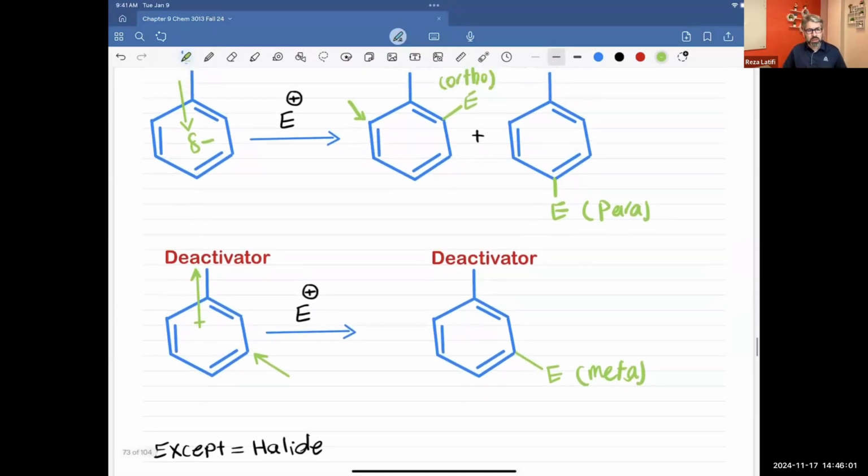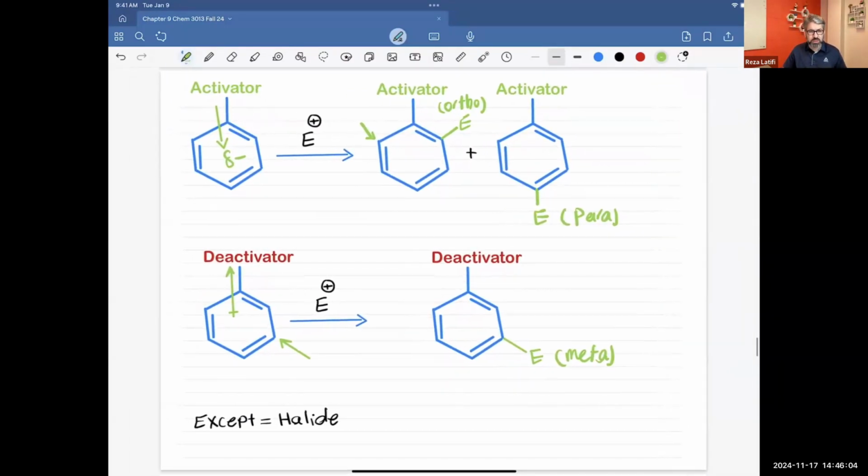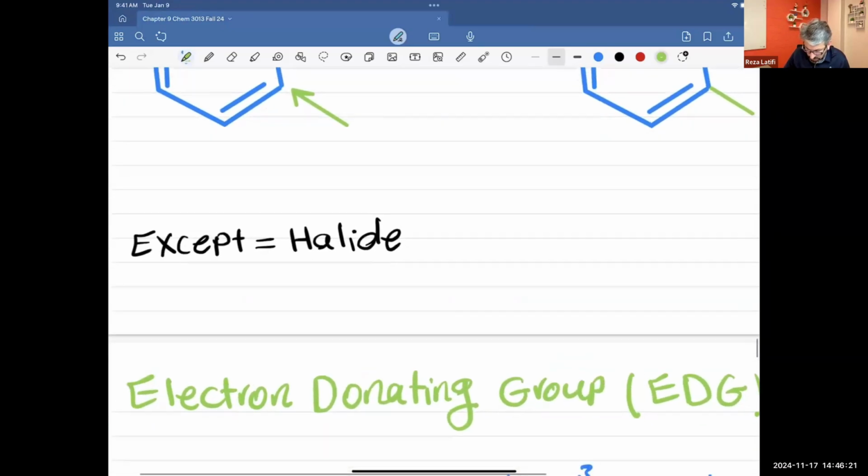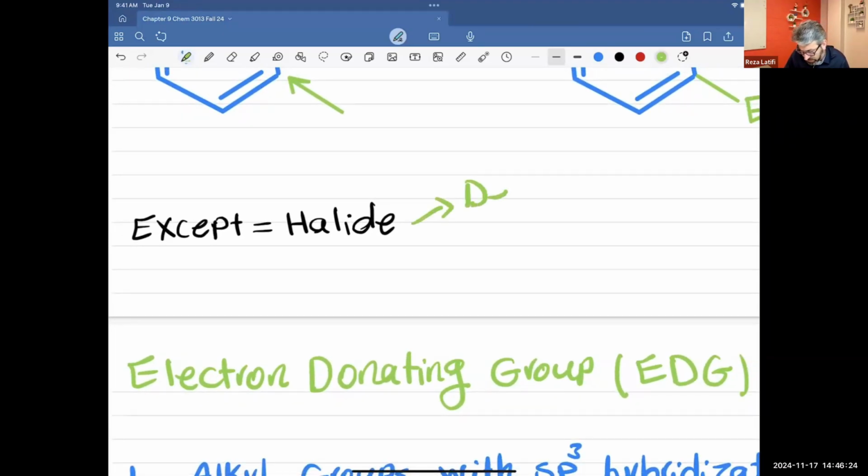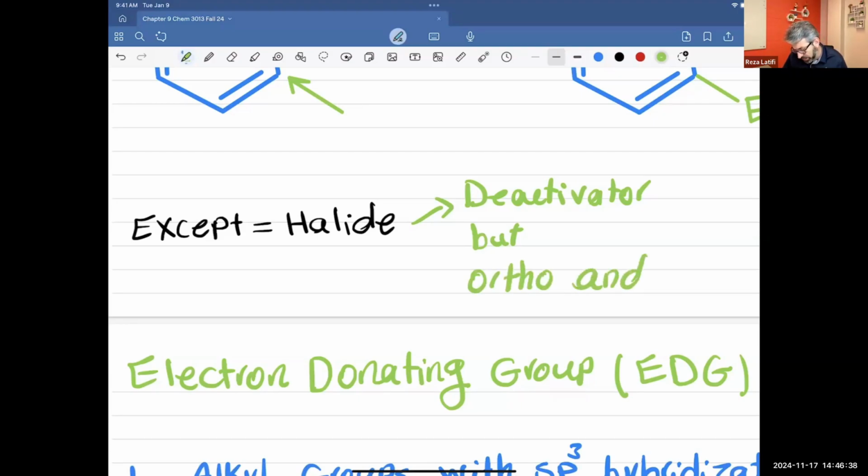Okay, now if I want to summarize what I said until now, an activator is directing to the ortho and para positions, and a deactivator is directing to the meta position. Except the halides. Halides are deactivators, so let's write here halide. They are deactivators, but they direct to ortho and para.